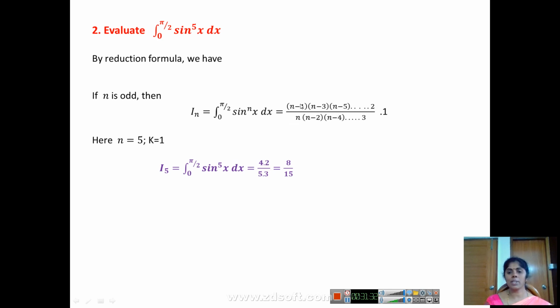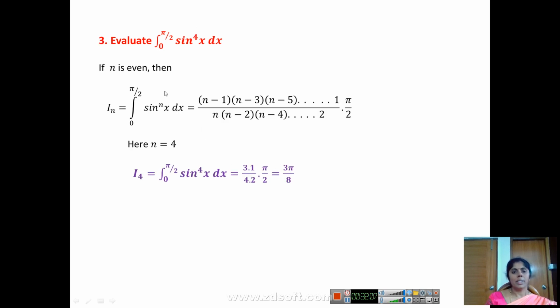So I can consider here only two terms, that is 5 minus 1 is 4 in the numerator, 5 minus 3 is nothing but 2 in the numerator, divided by, in the denominator I am having n is 5, second term is n minus 2, that is 5 minus 2 is 3. And I got here the last term as 2 by 3. So if we want, we can multiply by 1 or we can leave k as 1. And just simplify this one. 4 twos are 8 and 5 threes are 15. This is the result for the given problem.